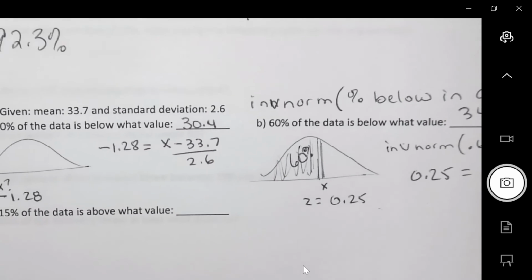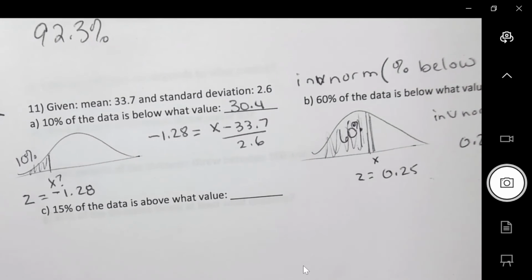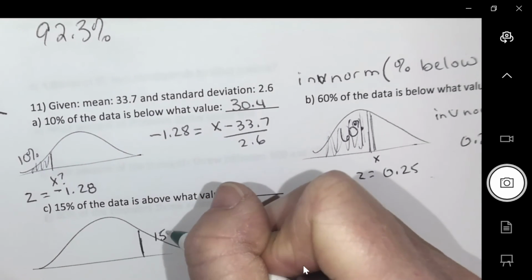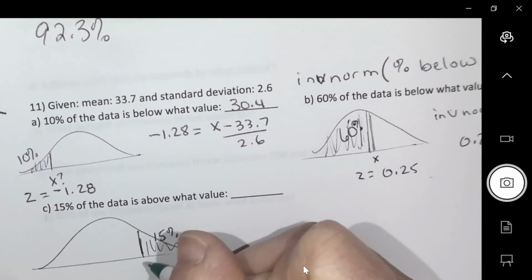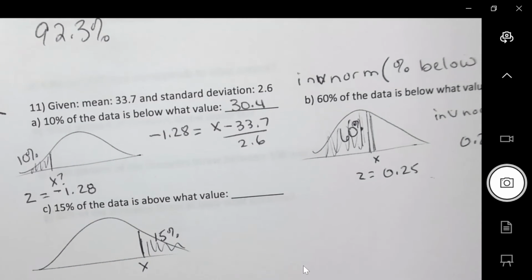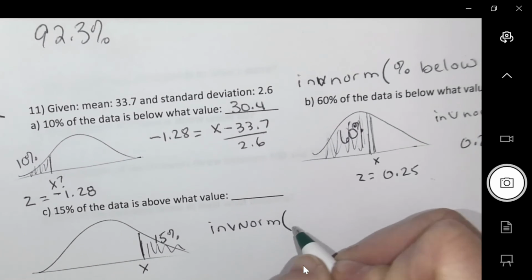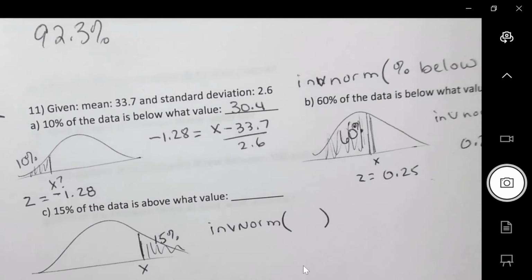Okay, the last one is probably where I would trick people. This one is tricky because 15% of the data is above what? So here is where you would have to catch yourself. What kind of decimal will I put in here? Because the inverse norm always says you have to enter the percent below.